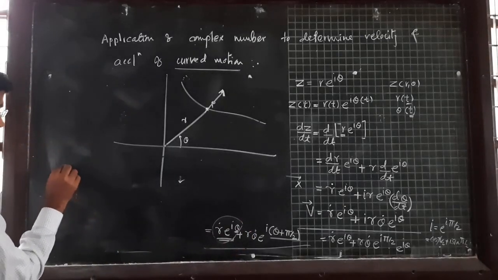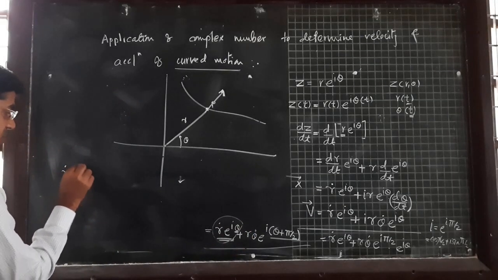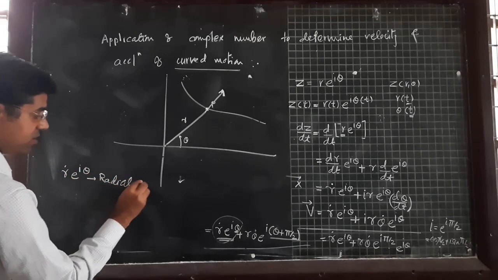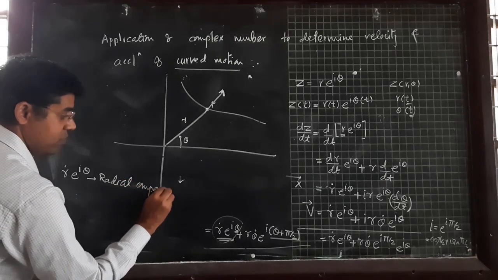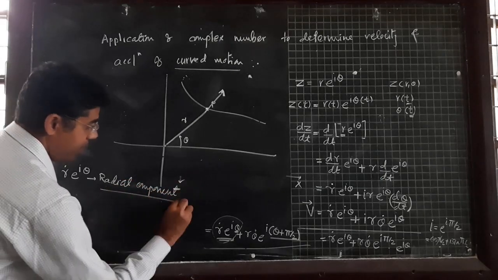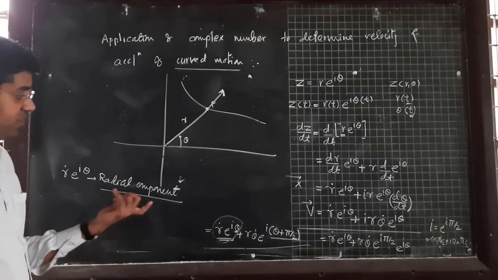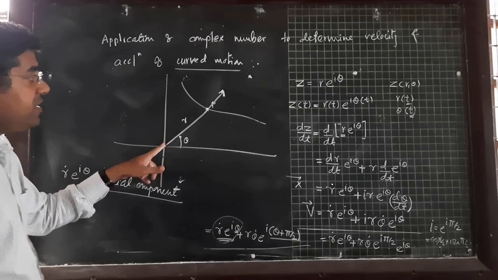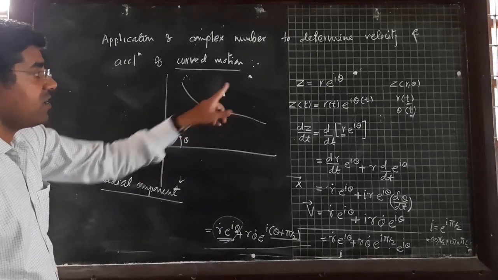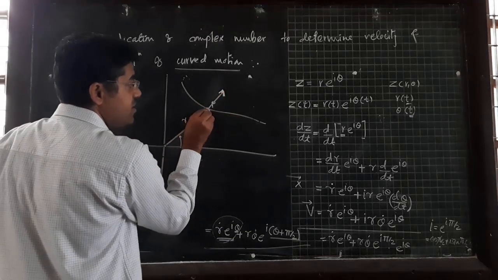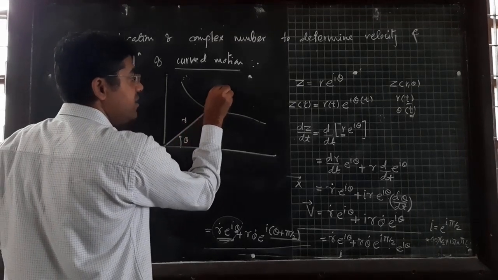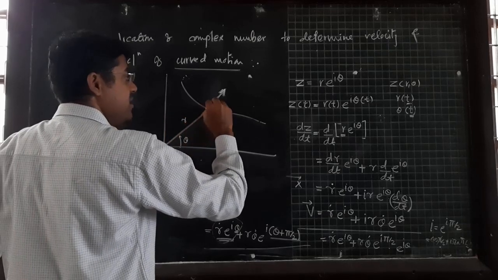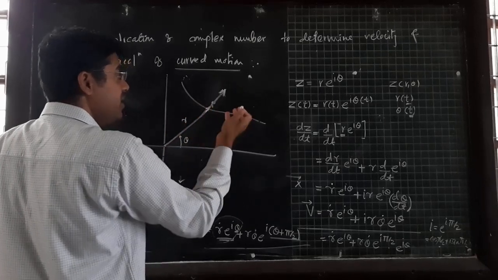So r dot e raised to i theta is the radial component, which will increase in the direction of r, the outward direction. dr by dt is nothing but, your r is continuously changing.